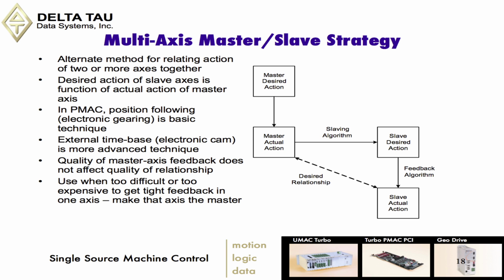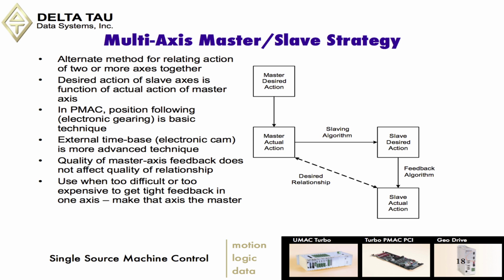So another method I can use to coordinate motors together is I can use master-slave strategy. So in PMAC, I could use position following, electronic gearing. That's the basic technique where one motor is following another motor's trajectory or another motor's actual encoder value.